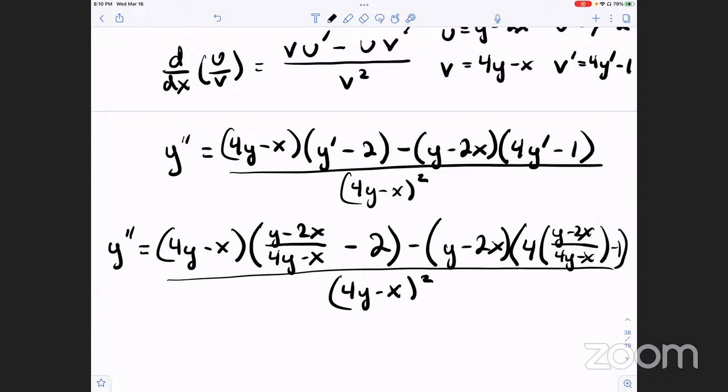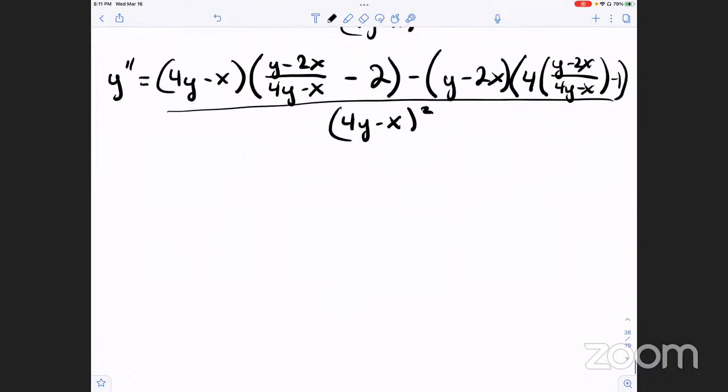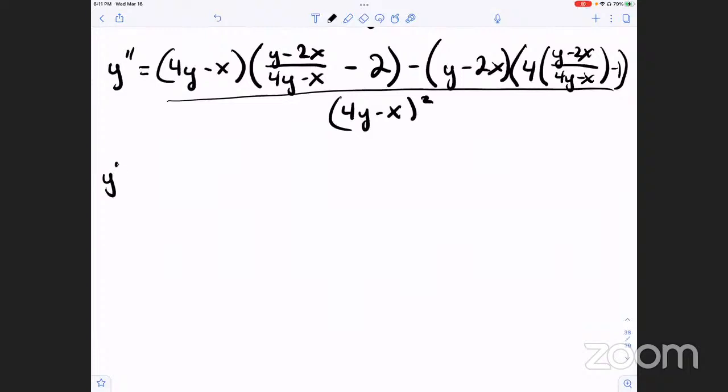So now let's see, we need to distribute and cancel. For instance, if we distribute this guy, let's focus on that. If we distribute that, the first set is going to cancel, right? We have 4y minus x, so they're going to cancel. Then we're just left with y minus 2x. And if we distribute there, we're going to have minus 8y plus 2x, right?